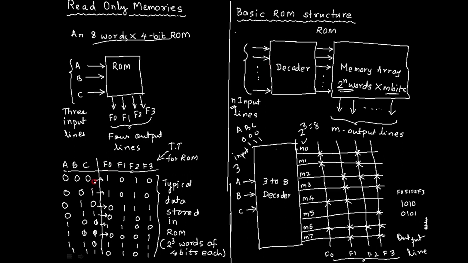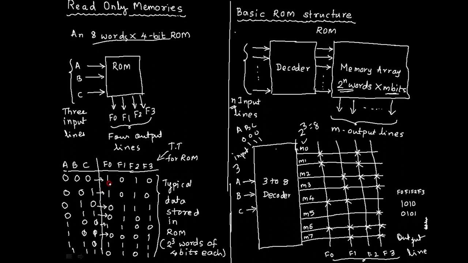So 2 raised to 3 words possible, 8 different combinations. For each combination of input values, ABC, say 000 one combination, 001 second combination, 100 third combination, like that, 111 one more combination. So a total of 8 input combinations are possible.